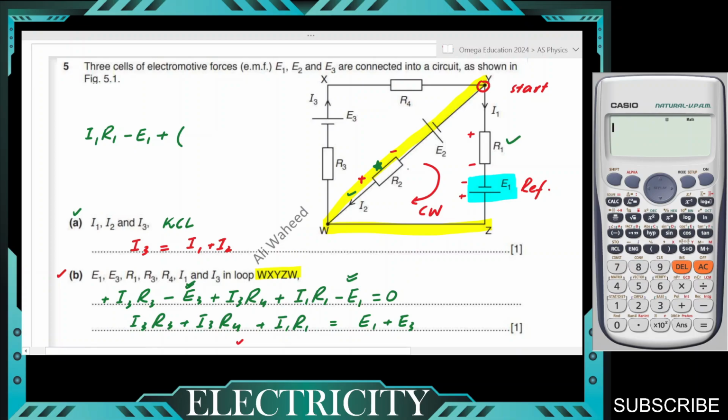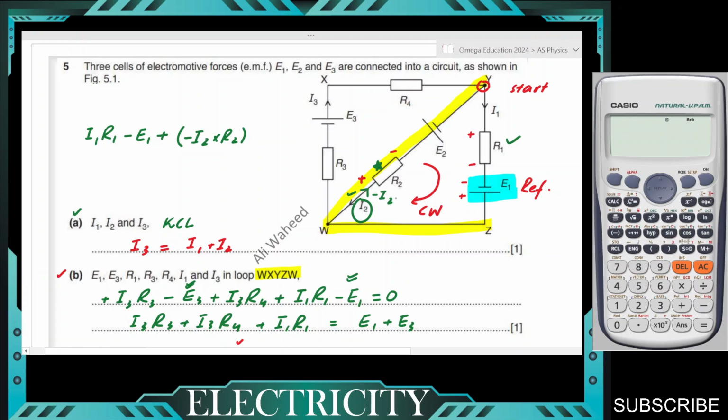But since we are going clockwise, so we are following this direction, but the direction of current through the resistor is opposite to the direction of our loop. So the I2 would now be written as minus I2 into R2. Or in other words, if this is I2, since you're following the clockwise direction, but this current is going anti-clockwise, like in this way, if you want to convert it into clockwise, all you have to do is change the direction of it, and then it would be minus I2.